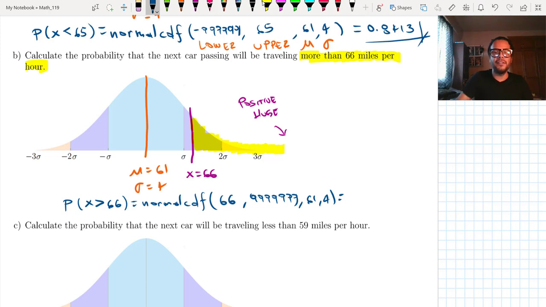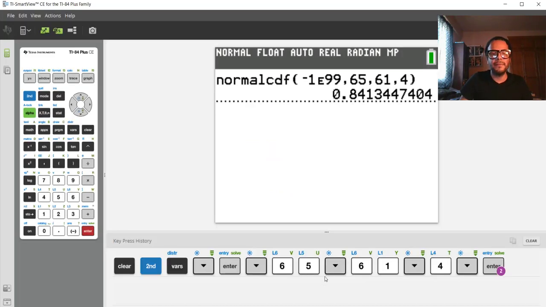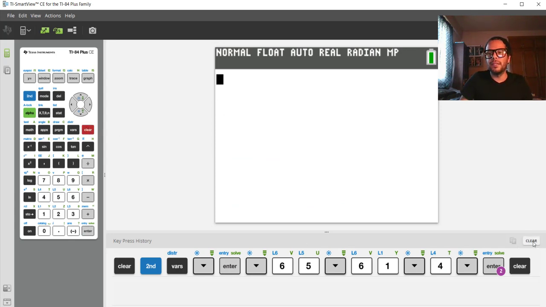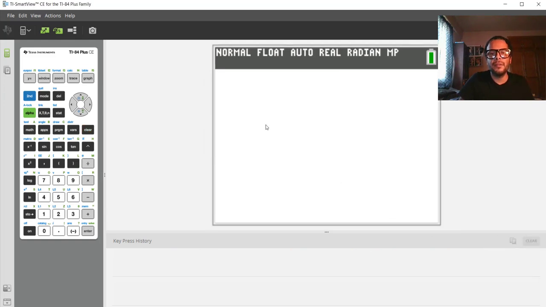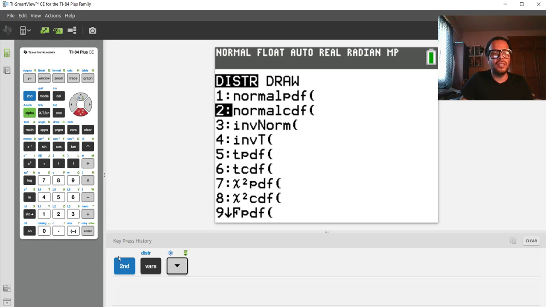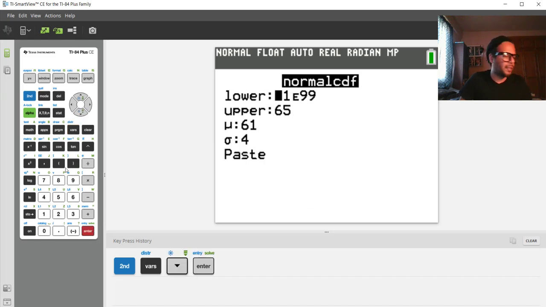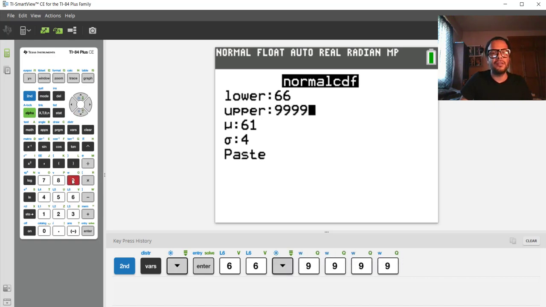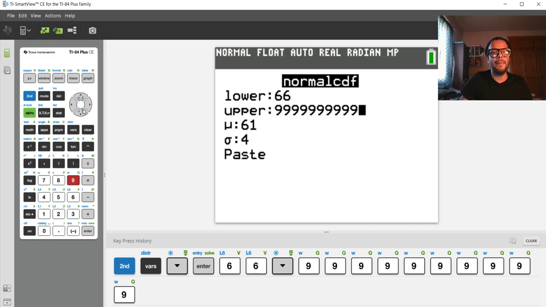the standard deviation, let me go to the graphing calculator here. So I'm going to clear the window, and let me go 2nd DISTR, normalcdf, enter, and then the lower in this case is 66, and the highest I'm just going to type a bunch of 9s, okay?